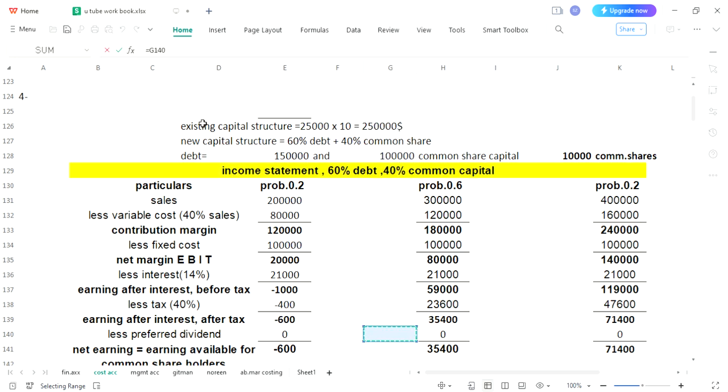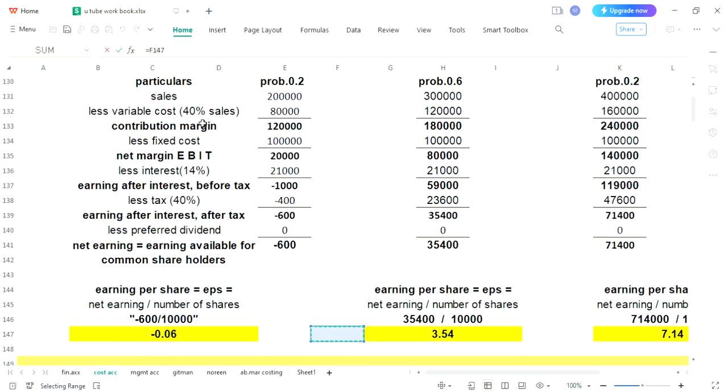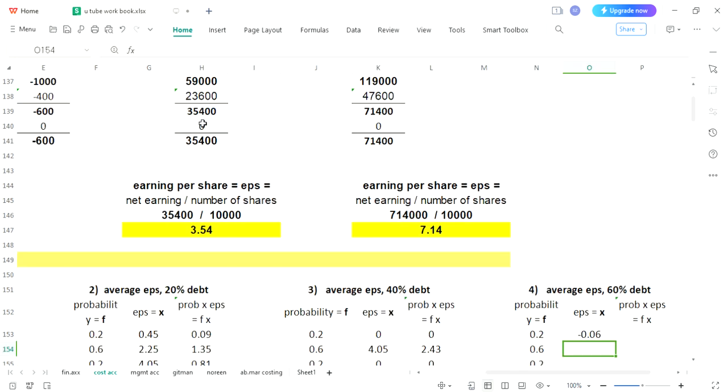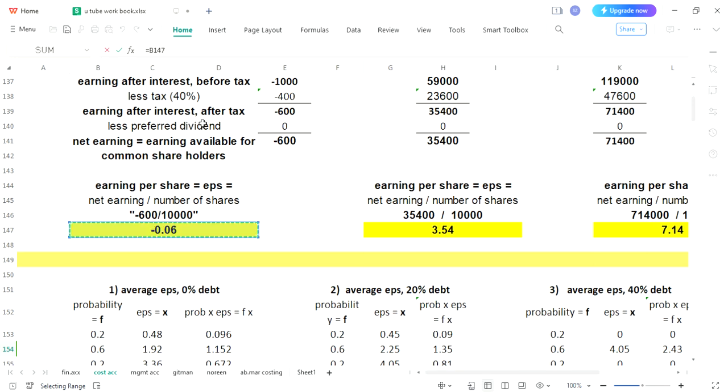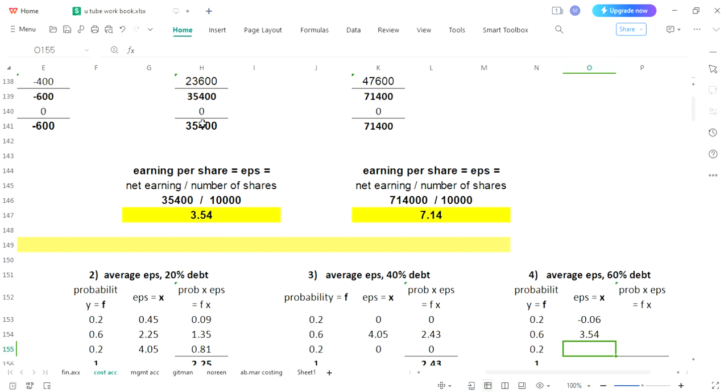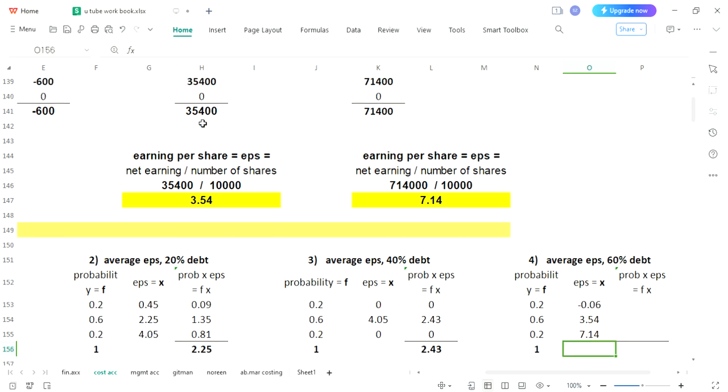First EPS which is calculated is 0.06. So put it over here, the minus sign has been with it. Second EPS was calculated, look over here, this is the fourth part. First was taken minus 0.06 and then second 3.54, and for third, this is your third EPS 7.14. So guys, we have completed our second column of EPS.